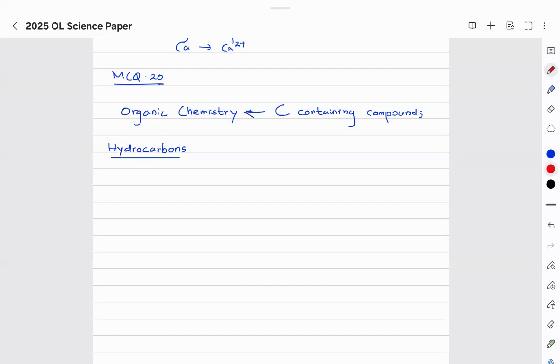So hydrocarbons means the organic compounds containing hydrogen and carbon only.